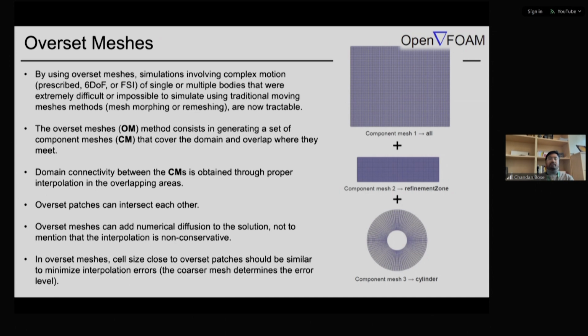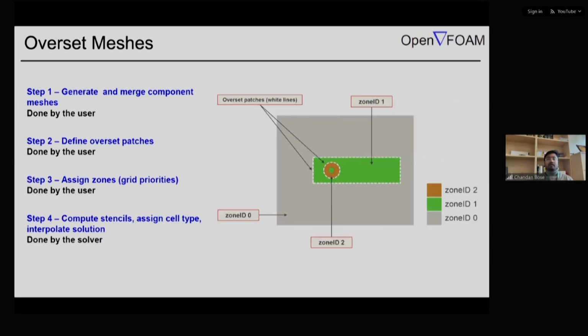But there is a way in which we can reduce these interpolation errors: if we keep the cell size close to the overset patches similar to the background cell size, that minimizes the interpolation error.